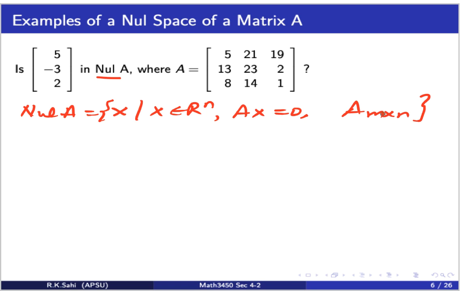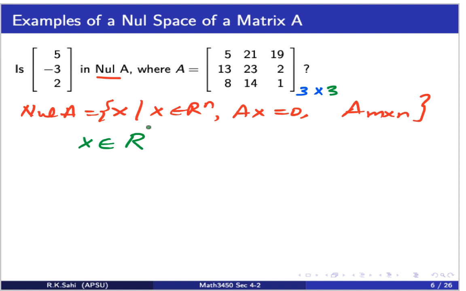So now, when I want to prove that this vector is in the null space, I have to make sure first of all it is in Rn. Now my n over here is 3. Let's look at this one. This matrix A is a 3 rows by 3 columns. So first of all, the element x here, it's important x should be in R3.